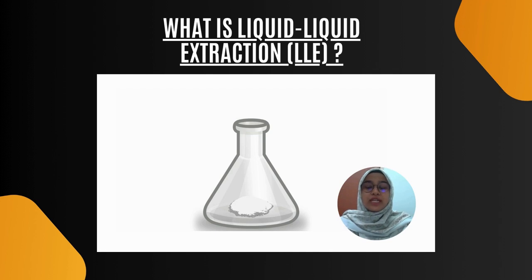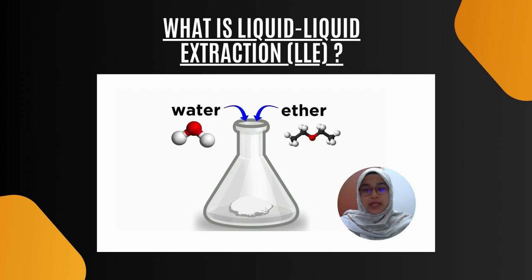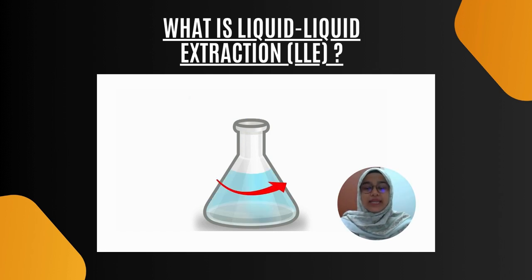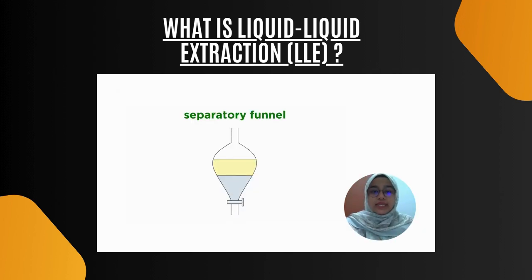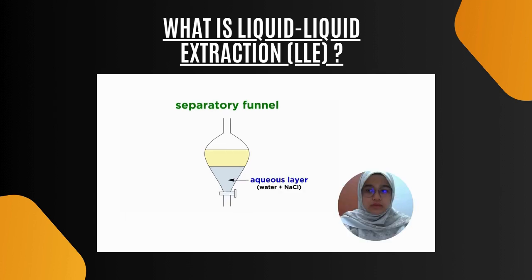So, to separate this mixture, we can put in some water and some ether, and then we stir it up before putting it in a separatory funnel. Since the solvents are immiscible, which means they do not mix, we will get two layers in the separatory funnel.